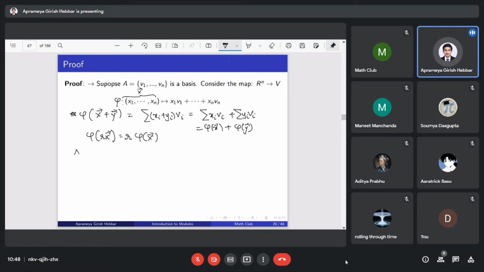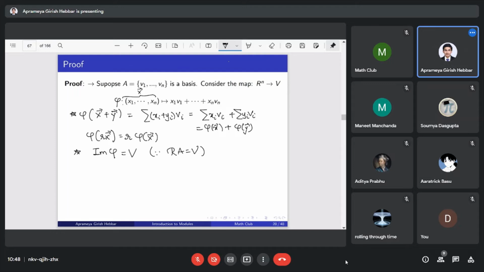Now, what's the image? Obviously the image of phi is equal to V, because Ra equals V. Any element of V can be written as r1 a1 up to rn an. So phi of (r1 up to rn) would give us that element.